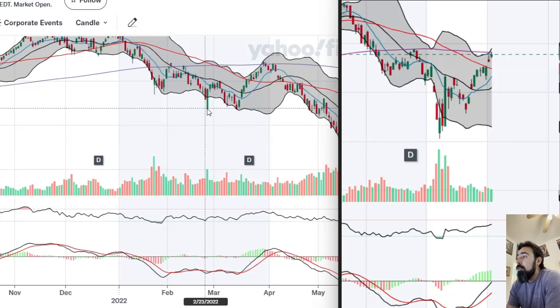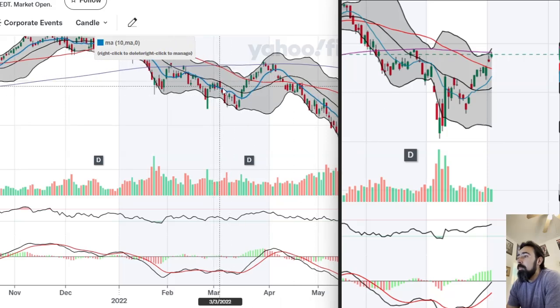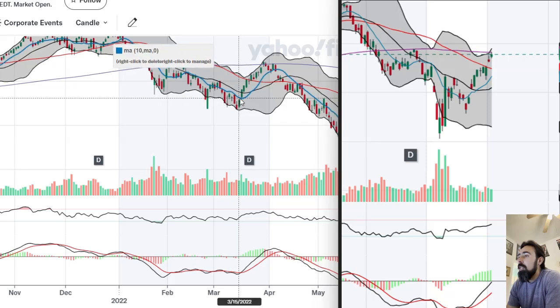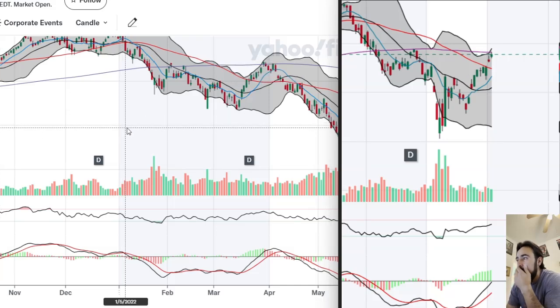Went outside the Bollinger Band in both cases, came back to the 20 in both cases. This one dipped back to the bottom of the Bollinger Band, nonetheless under the 10 period moving average, and then went back up. This recent dip didn't go down to the Bollinger Band, but it has started coming up in a similar fashion.